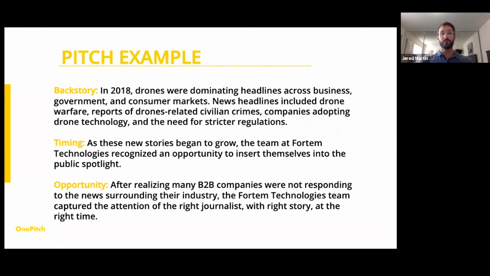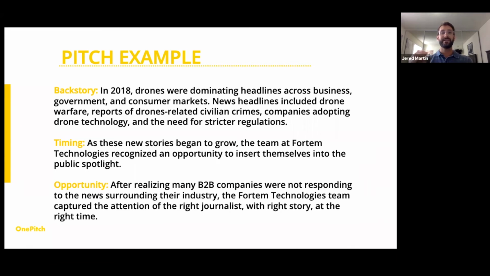But what was found by the Fordham team was that there was a need for stricter regulations and that there wasn't a lot of conversation going on about that. And there wasn't a lot of solutions to that problem, not just from a regulation perspective, but from other things. And we'll go into that in detail in a moment.